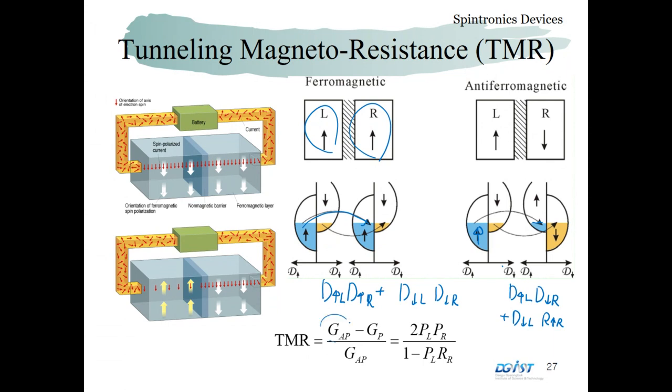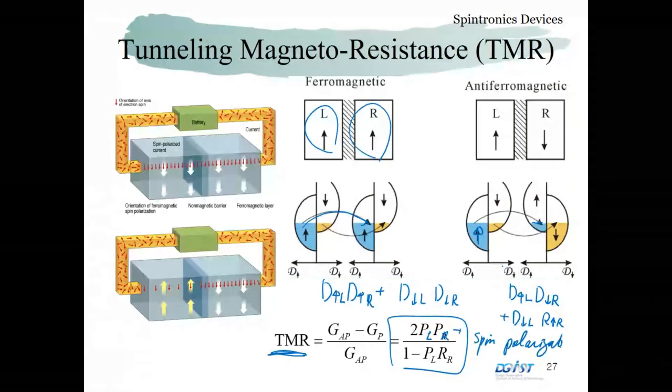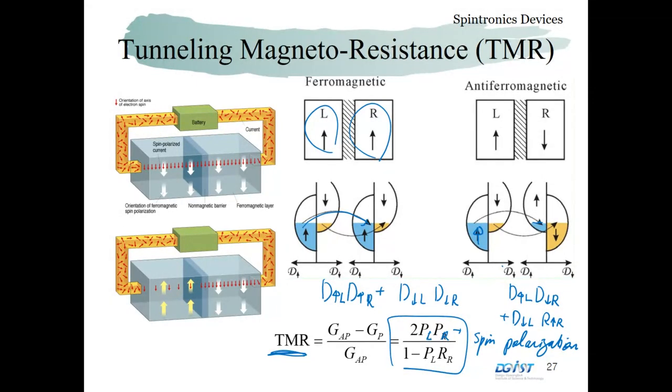As a result, the conductivity of the antiparallel and the parallel configurations can be different. And this MR ratio can be defined by the conductivity of the antiparallel and the parallel case. With a simple calculation, we can obtain that the TMR is determined by this relation. Here, P left and P right imply the spin polarization, meaning the difference of the conduction electrons for spin up and spin down.